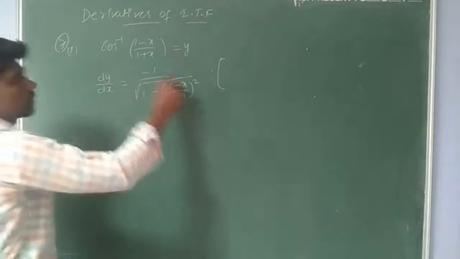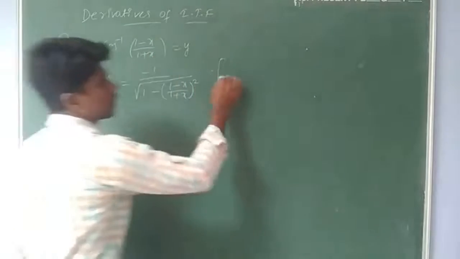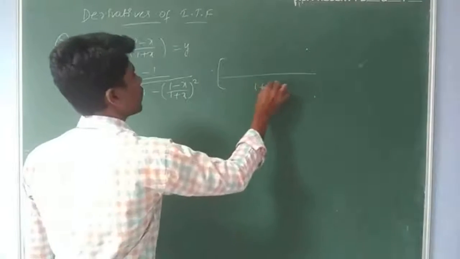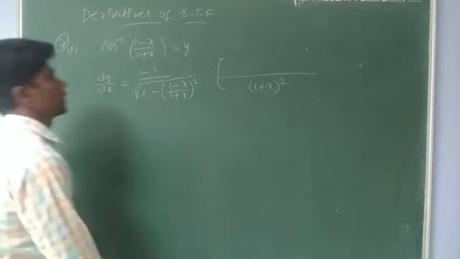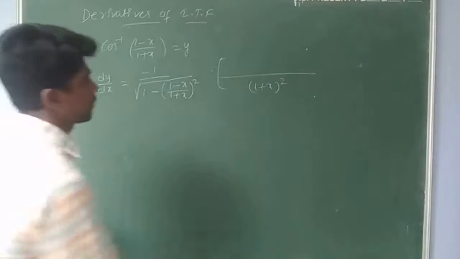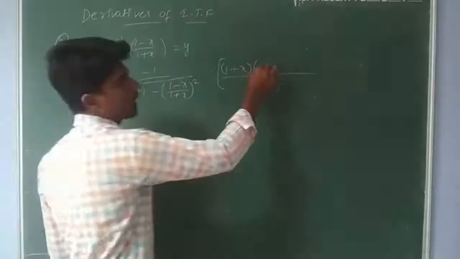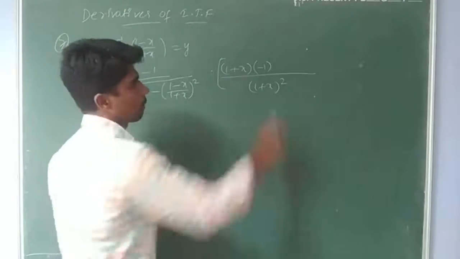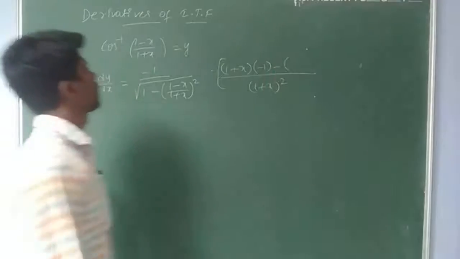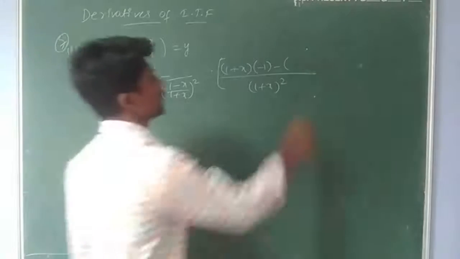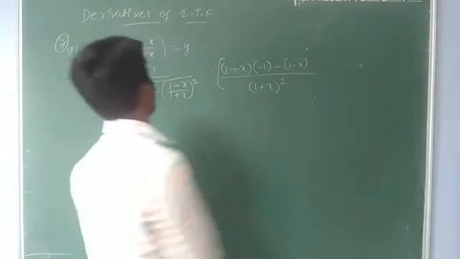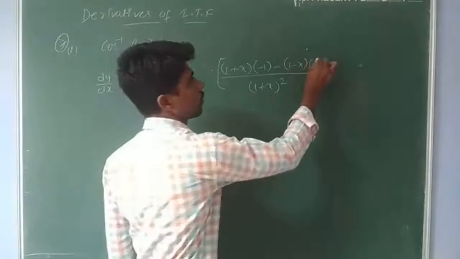The denominator is 1 plus x, which is in the form u by v, so 1 plus x the whole square. Now v u dash: 1 plus x into derivative of 1 minus x is minus 1, minus u v dash: 1 minus x into derivative of 1 plus x is 1.